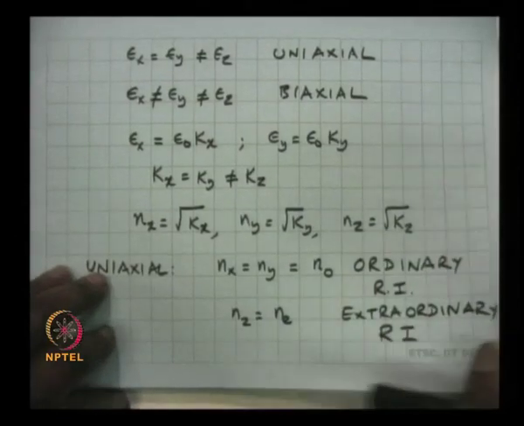Now, what we did was we looked at propagation of plane waves, and we found an eigenvalue equation which contained the E vector and the refractive indices. So, for a given propagation direction, which means kappa cap direction, I have to solve those three equations to get the values of n.